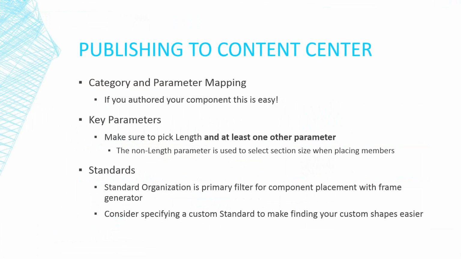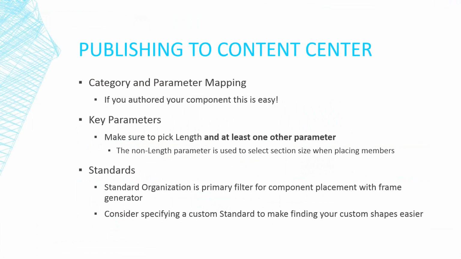You'll then want to specify your key parameters. Now, for structural shapes like this, length is always going to be one of them, and you always need at least one other parameter. Even if your part is just a single size, you're going to want to pick one more parameter at least to define when you use in the user interface so that you know what you're picking.